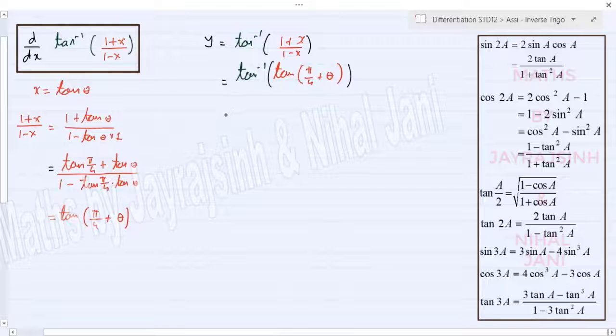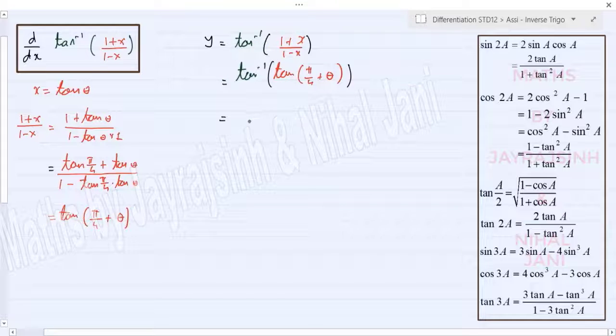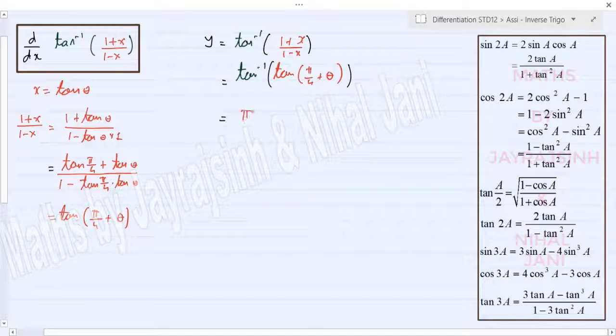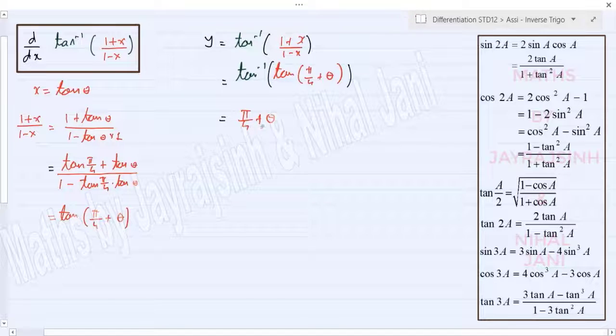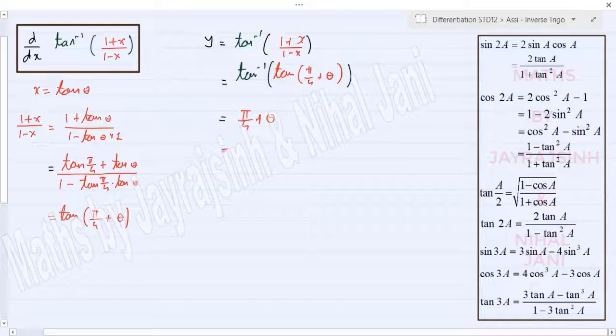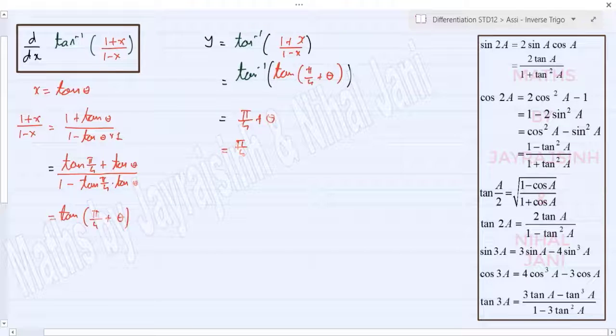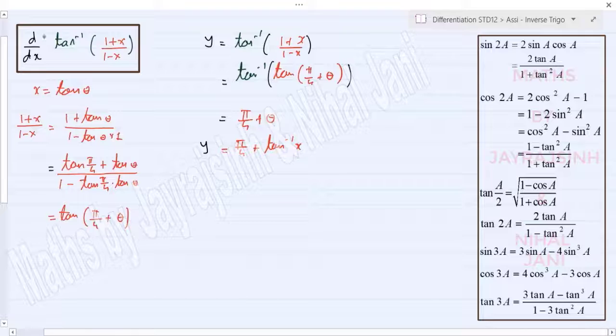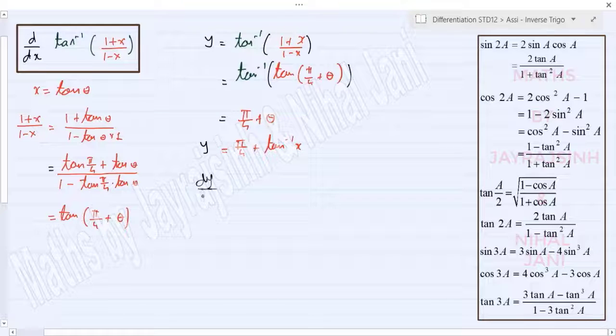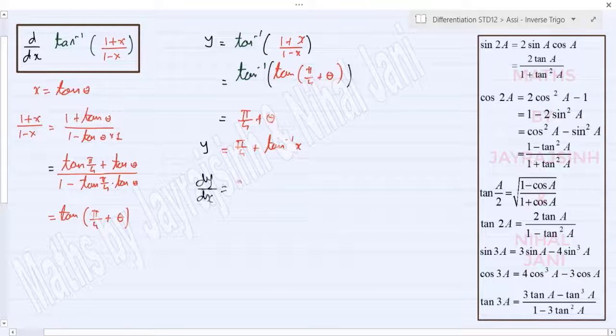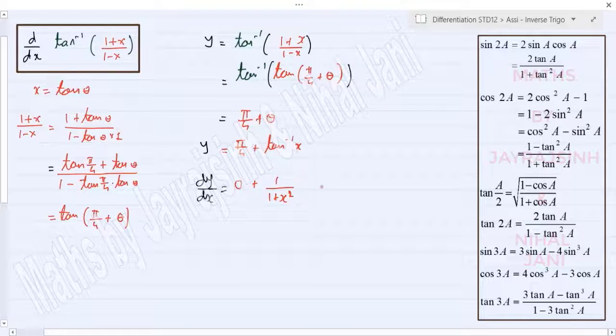Tan inverse and tan are inverse functions of each other, so they will cancel out, and this will become pi/4 + theta. Substituting the value of theta, we get pi/4 + tan inverse of x as your y. But we need its differentiation, so your dy/dx is simply the differentiation of pi/4, which is a purely constant term, so 0, plus the differentiation of tan inverse x, which is 1 upon 1 + x^2. Ta-da! This is your answer.